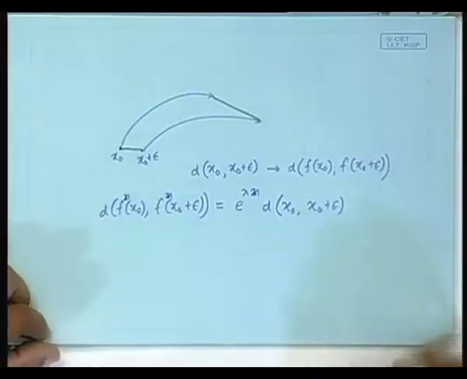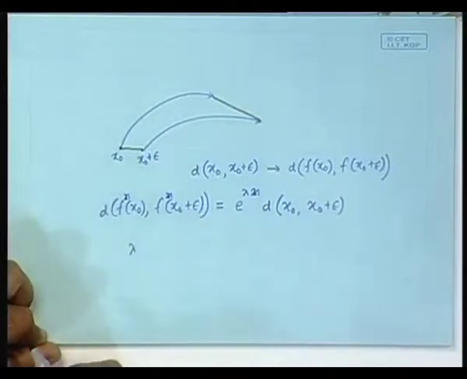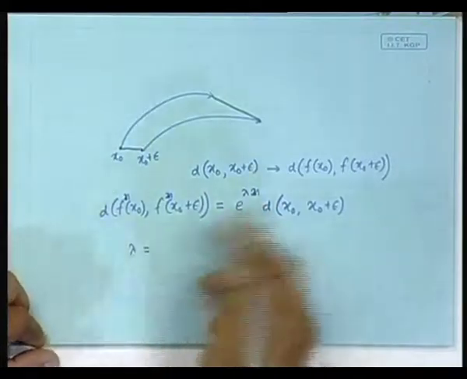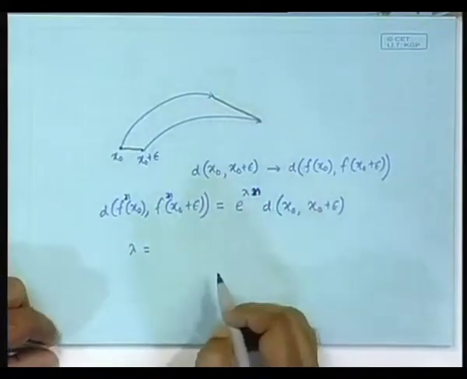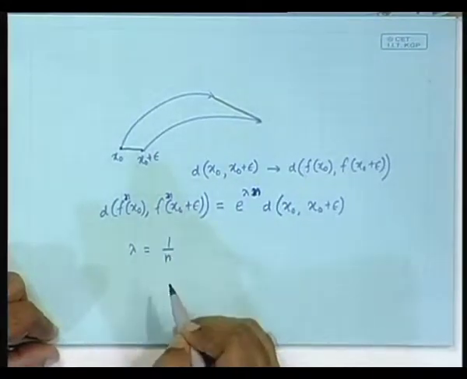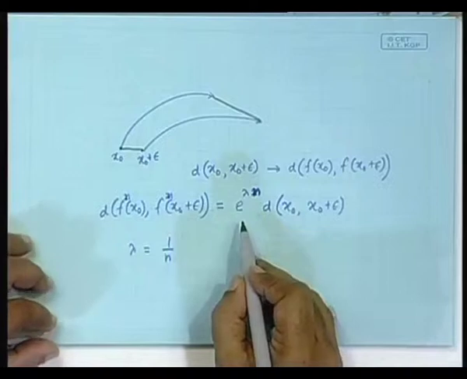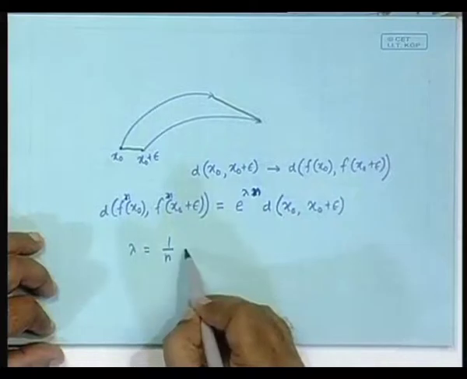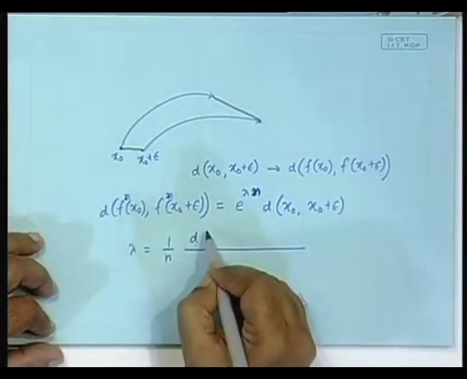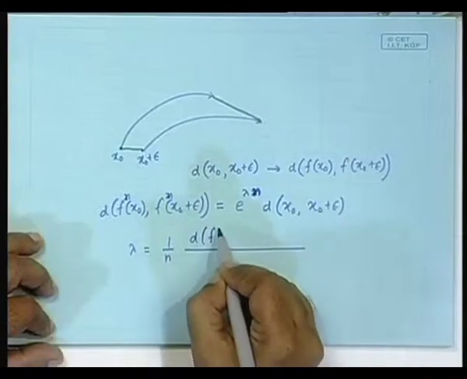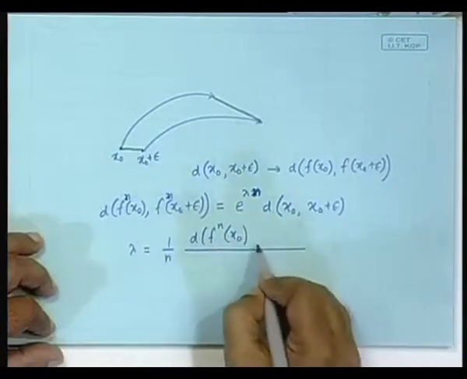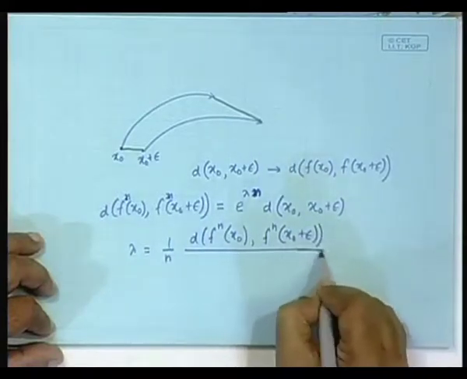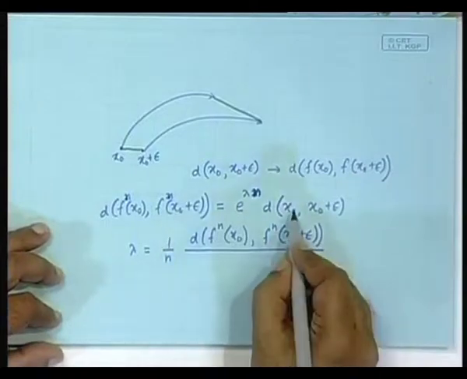So essentially then you get your lambda as, how do you extract lambda from here? This is n, 1 by n, it is the ln of d of f^n x naught, f^n x naught plus epsilon, divided by this fellow.